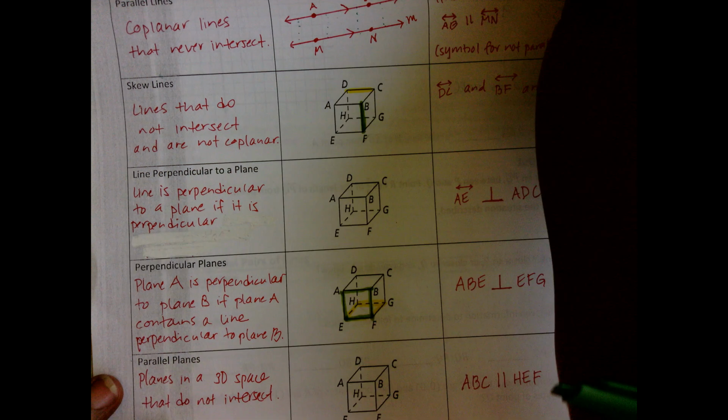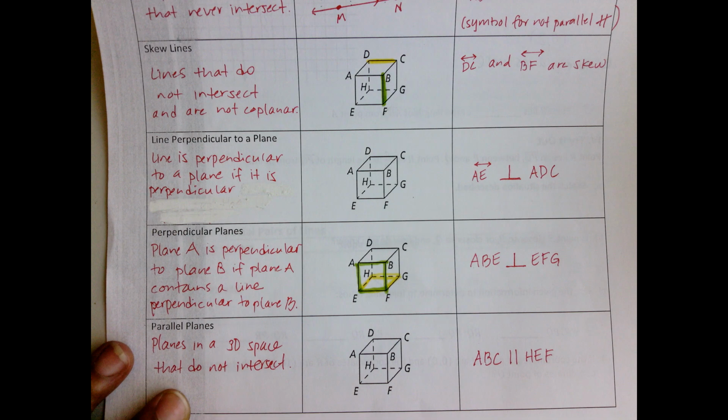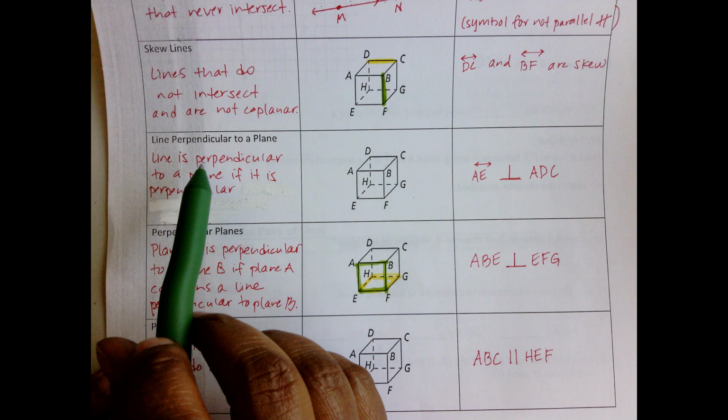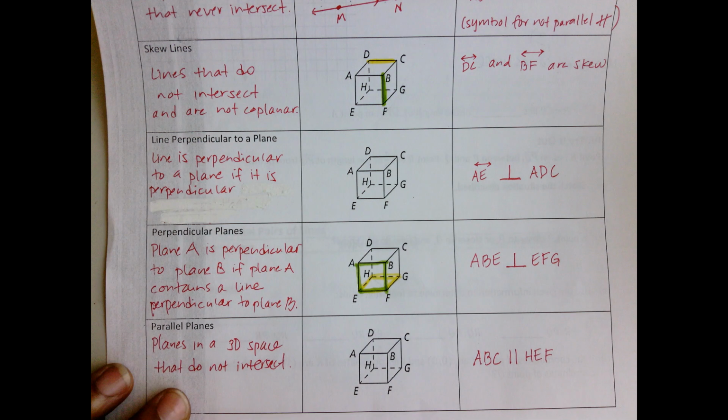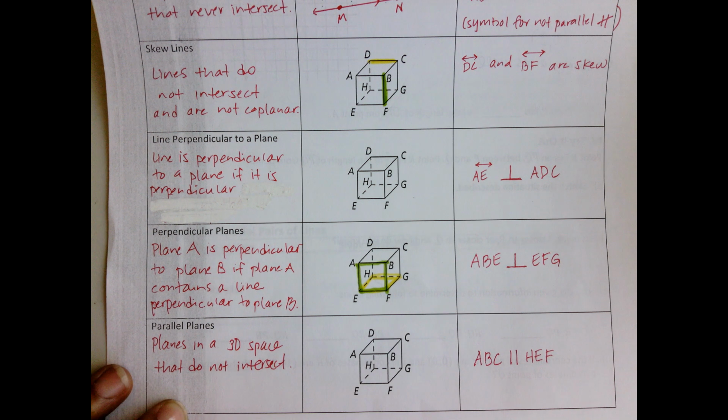All right, on to the last one, and then actually it is the last one, but like I said, we're going to come back to lines perpendicular to a plane. All right, so parallel planes are planes in a 3D space that do not intersect, and an example of that is plane ABC being parallel to plane HEF. So take a second and identify that yourself. Identify where plane ABC is, and as it compares to plane HEF, are they parallel planes?